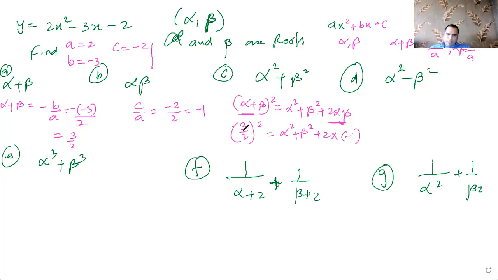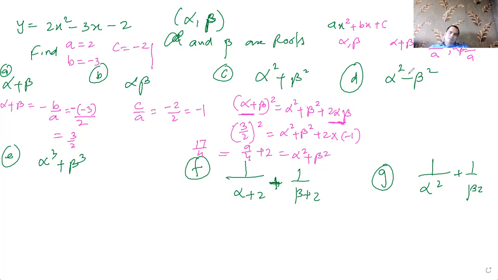So it's 9 over 4; this negative 2, if I bring it to the other side, becomes positive 2, equals alpha squared plus beta squared. 4 twos are 8, 8 plus 9 is 17 over 4. So 17 over 4 is the value of alpha squared plus beta squared.